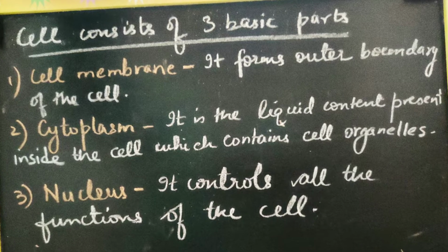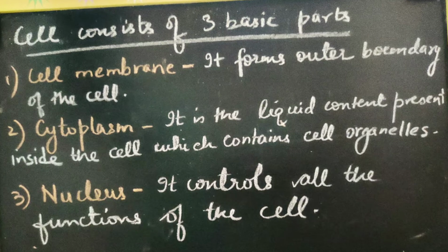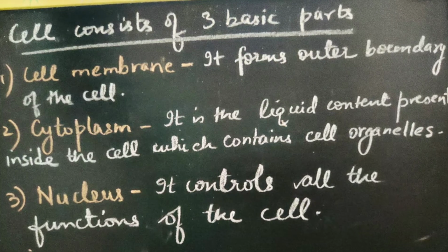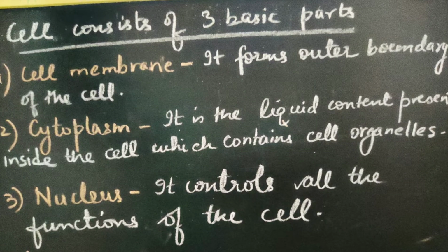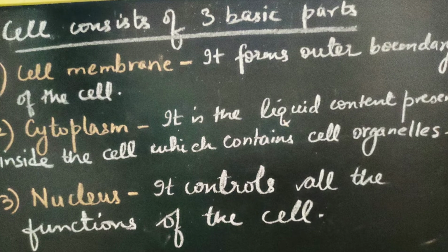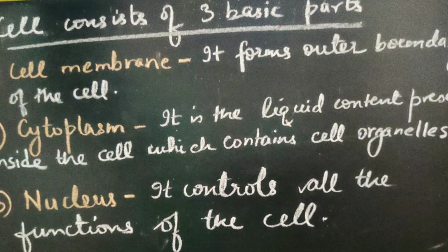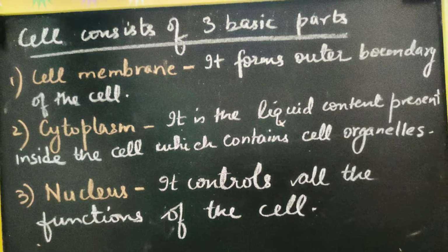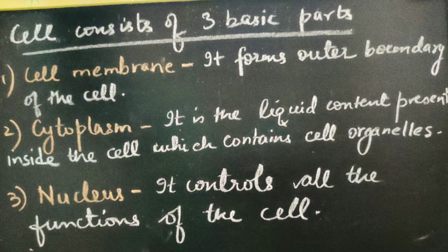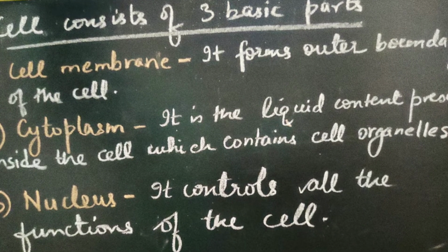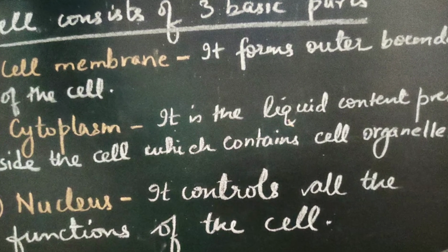So this is what we just discussed, the three basic parts of a cell. Firstly, cell membrane, which forms the outermost boundary of the cell. Secondly, cytoplasm, which is the liquid content inside the cell and it contains the cell organelles. And third and the most important one, the nucleus, which is the control center of the cell that controls all the functions of the cell.